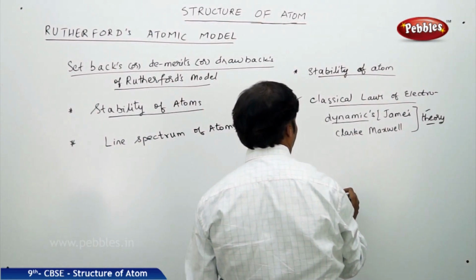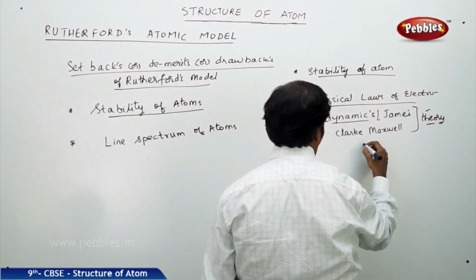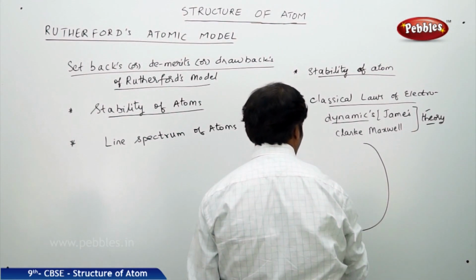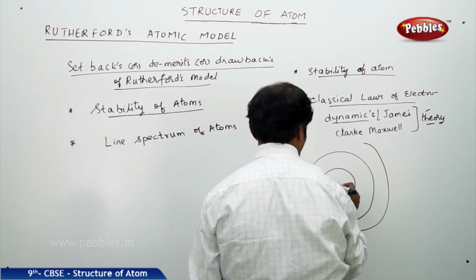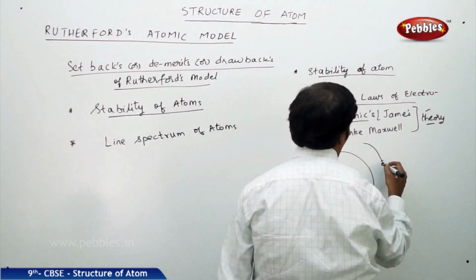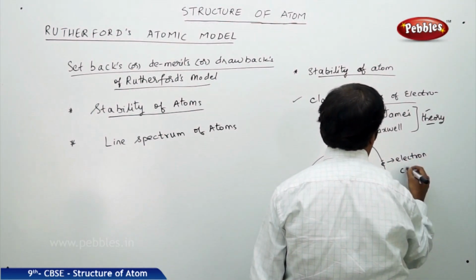If you take a positively charged nucleus, and the electron is somewhere here, this is the charged particle, this is the electron.